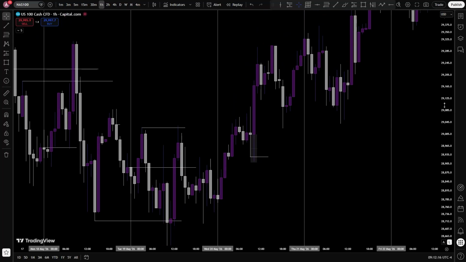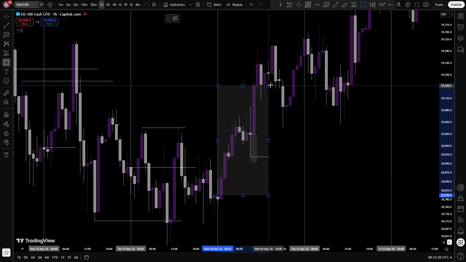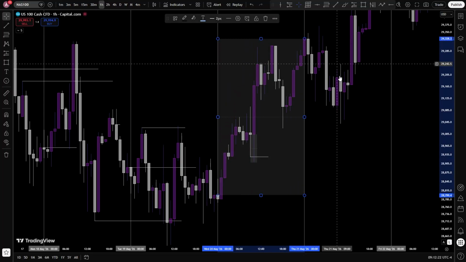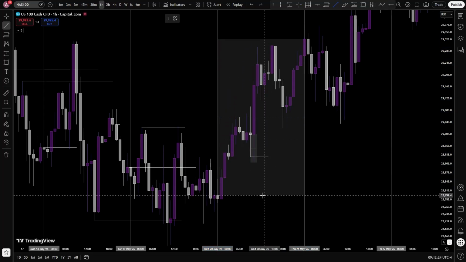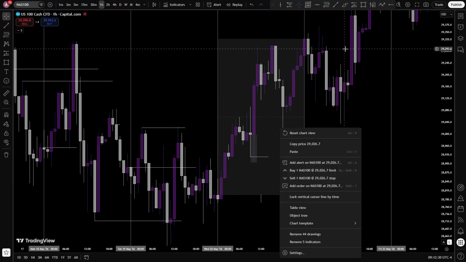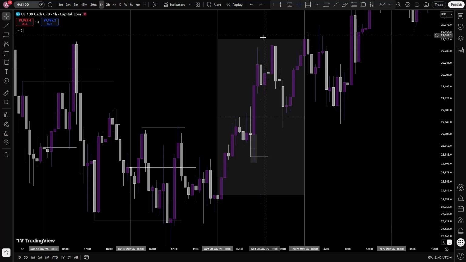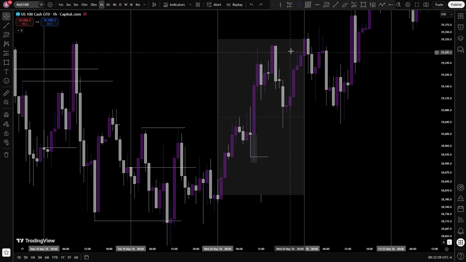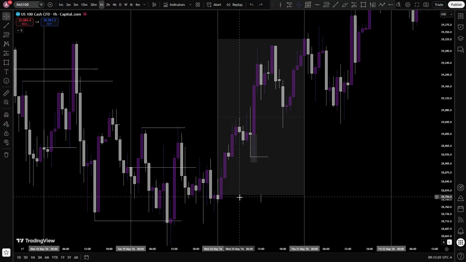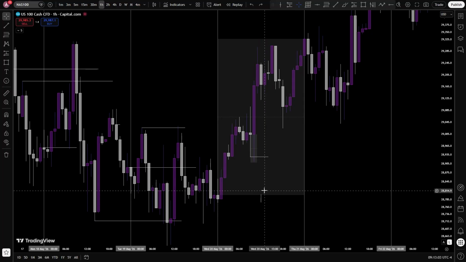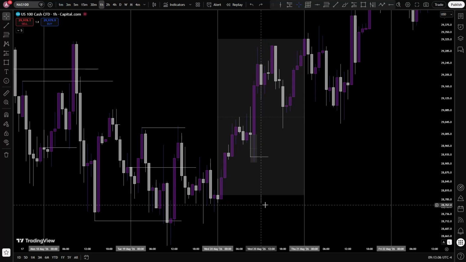As we can see, the whole daily candle looks like this. If you take a better look, we can see that the whole day looks like this, and we don't have the bullish wick, so the highest part of that daily candle, it just closes at that highest part. So this part here for that bullish candle is a Judas swing.